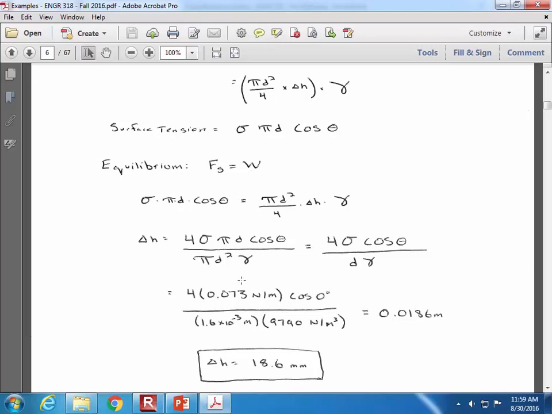The weight is also lower, right. It's a lot lower, because the weight is a function of diameter squared. And so when you make a small reduction in the diameter, you're going to have a small reduction in the surface tension force, but a pretty big reduction in the weight.